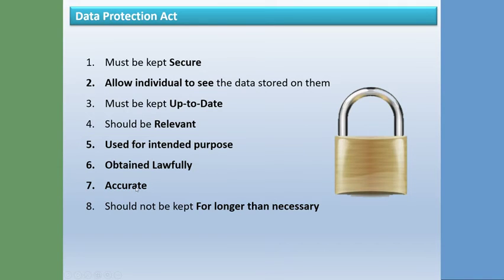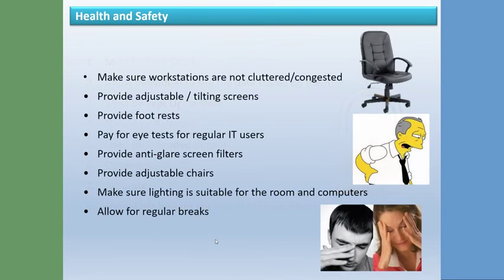They cannot store data that is incorrect or inaccurate, and it cannot be stored for any longer than it's necessary. In 20 years' time, if my takeaway is still storing my address details, chances are I may have moved, and therefore that data is no longer necessary. So they should not be keeping it for any longer than probably 6 months to a year. So there's a few different things to think about in terms of the Data Protection Act.